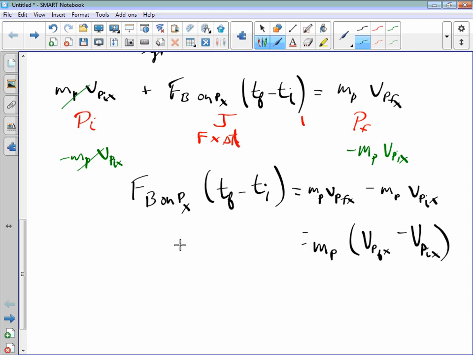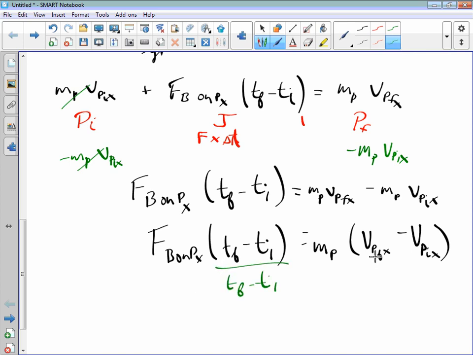Over here, we're still going to have force of bag on that person in the x direction, and then final time minus initial time. We want to get force by itself, so we're going to divide by t_f minus t_i. That cancels.